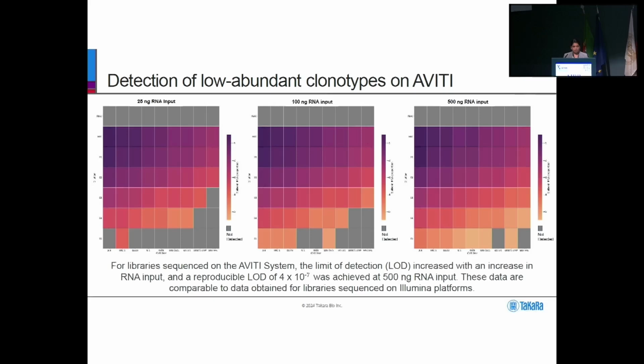And this is the sensitivity data from the AVITI system. Here also we see it's comparable with Illumina platforms, and again, the limit of detection is around 4 times 10 to the power minus 7 at 500 nanogram RNA input.